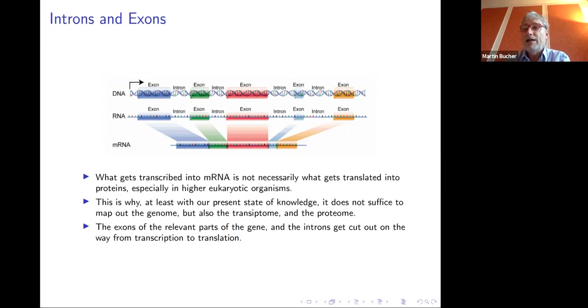And so there are these words of 3 characters each that code with some redundancy the 20 amino acids. And then there were also some stop and start codons. So the codon is the 3-letter word.